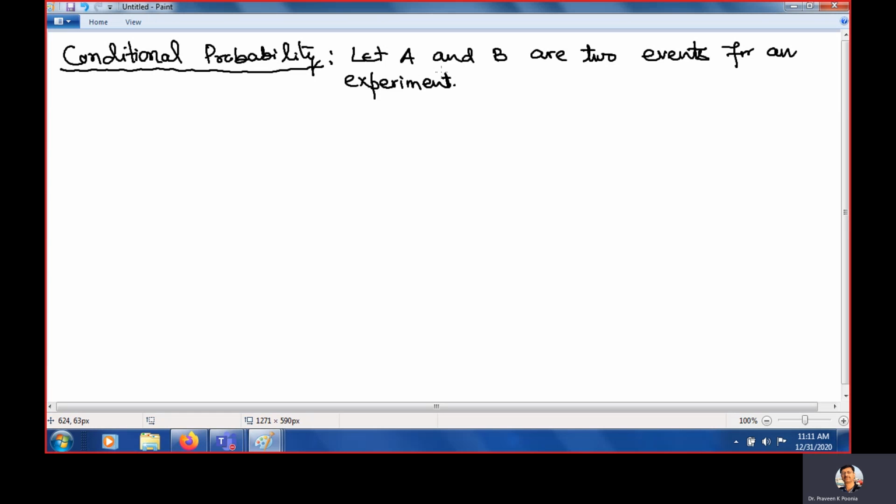Now here conditional probability means, and you need to consider, suppose that event B has already occurred.